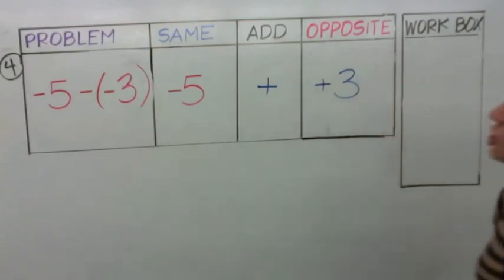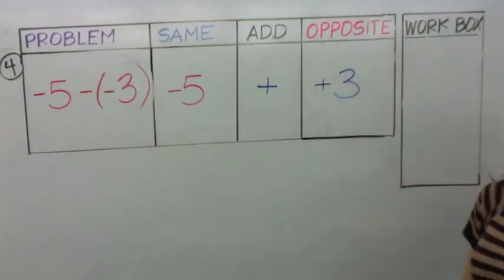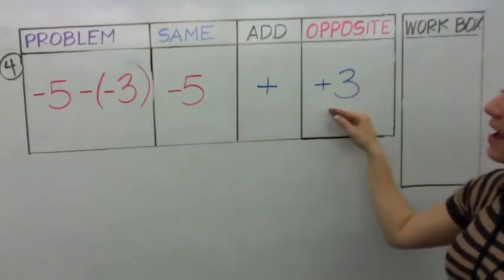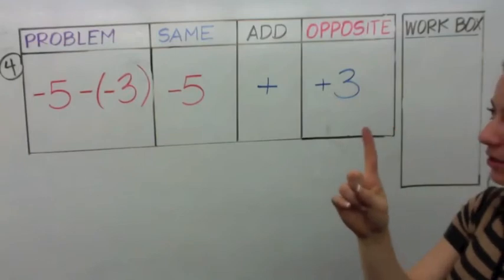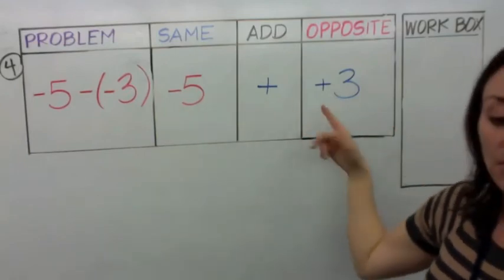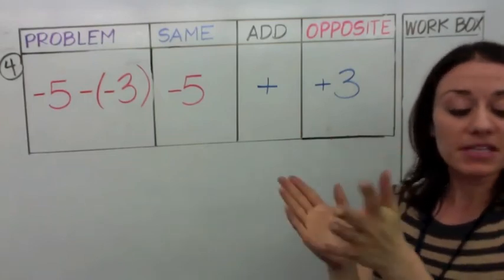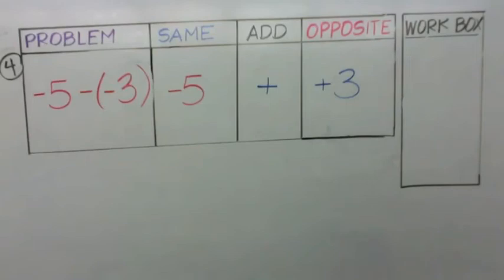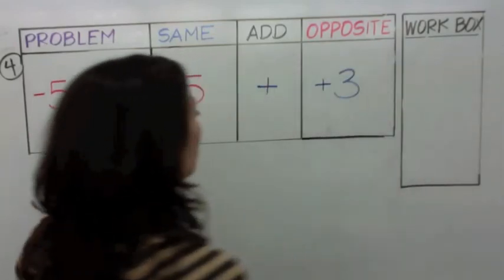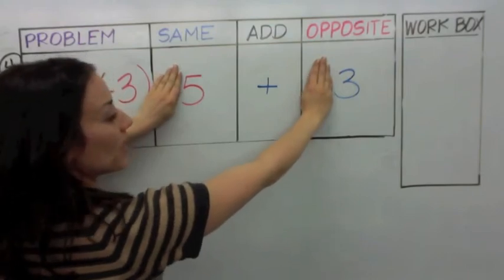All right. So now we're going to look at a negative 5 and we're going to add a positive 3. Do they have the same signs or different signs? This is negative, this is positive. They're different, right? So we say different signs subtract. Keep the sign of the higher number, then you'll be exact. What is the higher number if we were to just pretend the signs were not there?